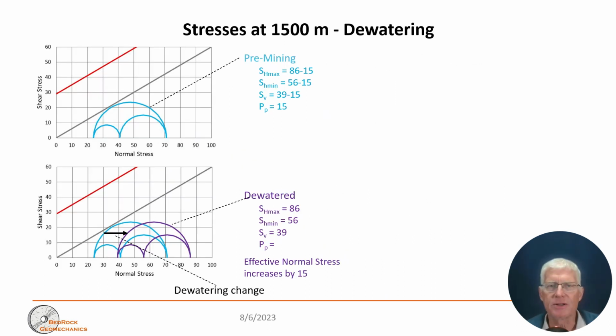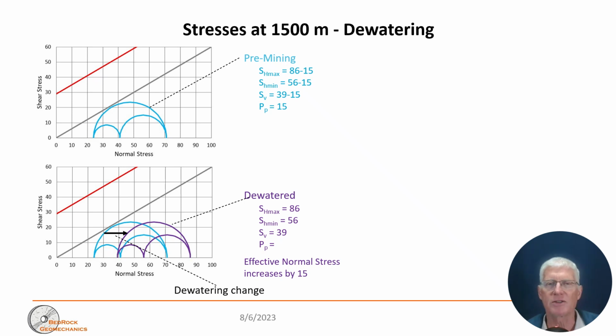Okay, so if we consider the state of stress that I mentioned before, the pre-mining state of stress, that would plot on a Mohr diagram something like the light blue line. And what I've done there is I've considered the pore pressure. Remember that with an elevated or non-zero pore pressure, the normal stresses are reduced by the magnitude of the pore pressure.